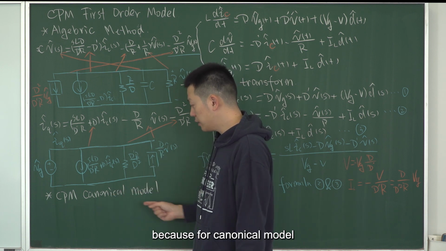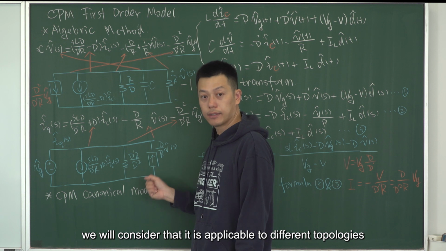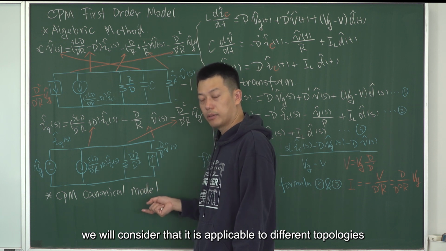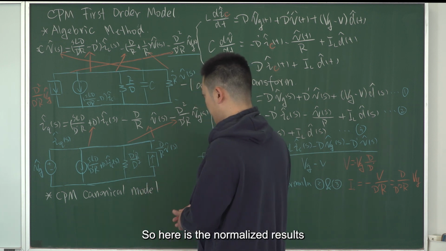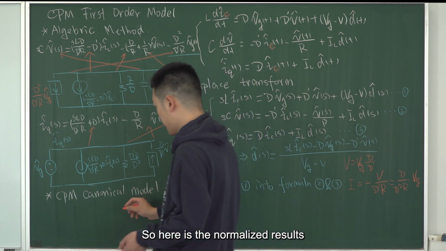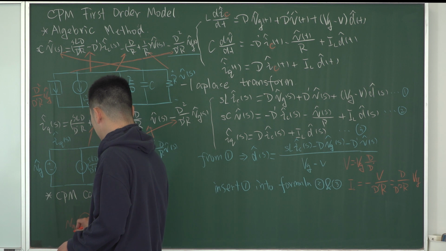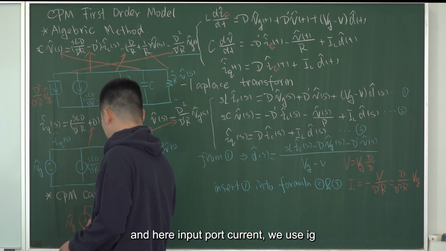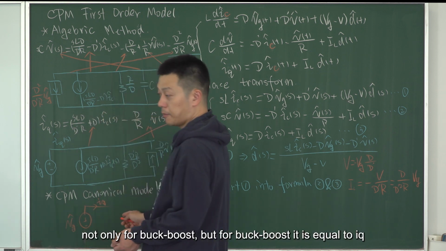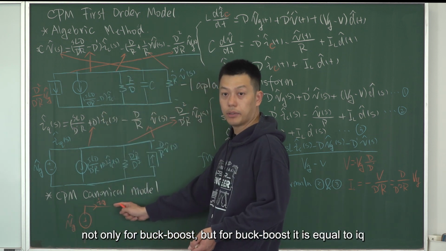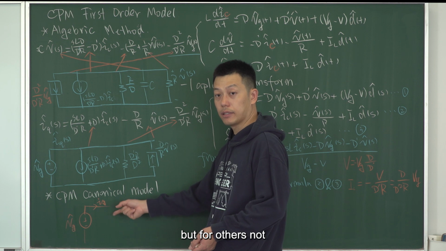Because for the canonical model, we will consider that it's applicable to different topologies, right? So here is the normalized result. Input port, right? Input port voltage. And here, input port current. We use IG. Not only for buck boost. Right? For buck boost, it is equal to IQ, but for the others, not.